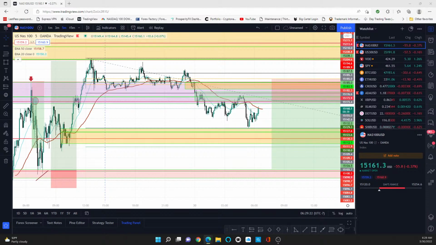So let's see here. It looks like we're getting that push to the upside right before open, right? Last 2 minutes, it's kind of pushed up, but let's see if it'll break through this or respect it.